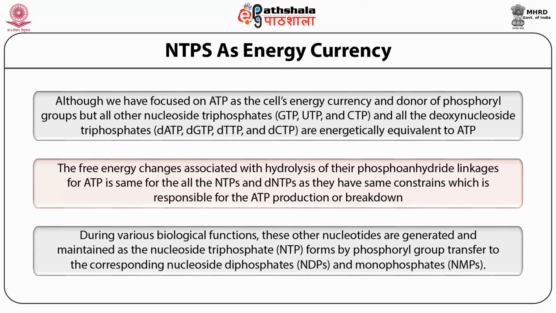During various biological functions, these other nucleotides are generated and maintained as nucleoside triphosphates by phosphate group transfer to the corresponding nucleoside diphosphates, known as NDPs, and monophosphates like NMPs. For example, ATP is a triphosphate, ADP is a diphosphate, and AMP is a monophosphate.